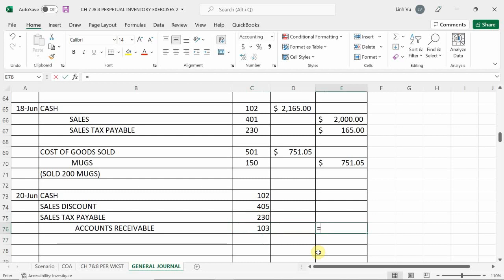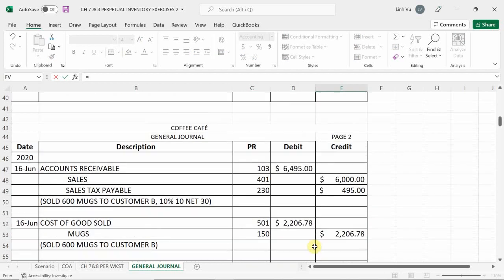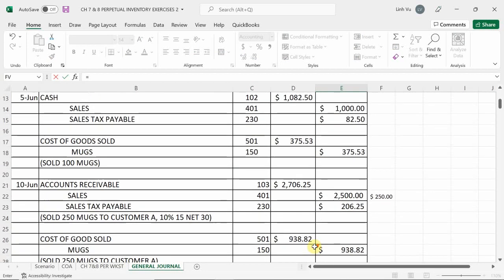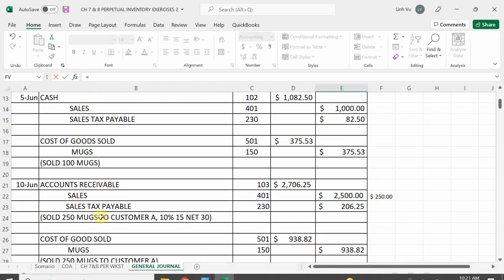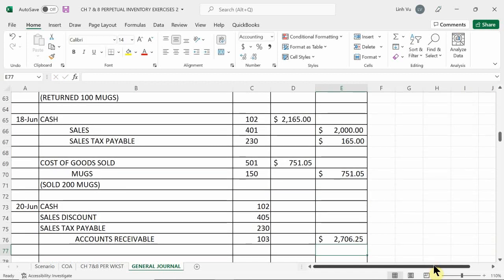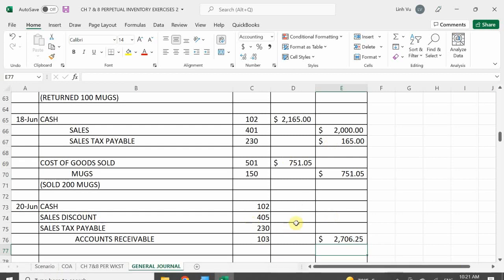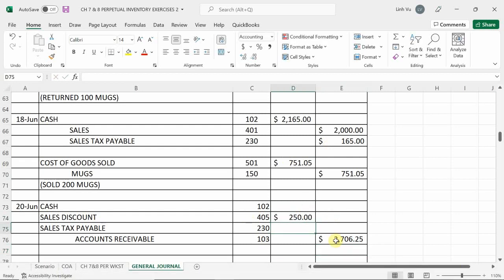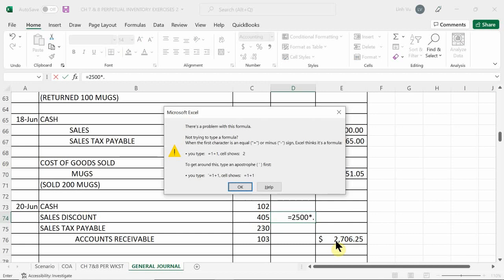The total amount that she owes is $2,706.25, the grand total. But because she paid within the discount period, we have to give her a 10% discount, which we already recognized was $250. It's the 2,500 times the 10%.